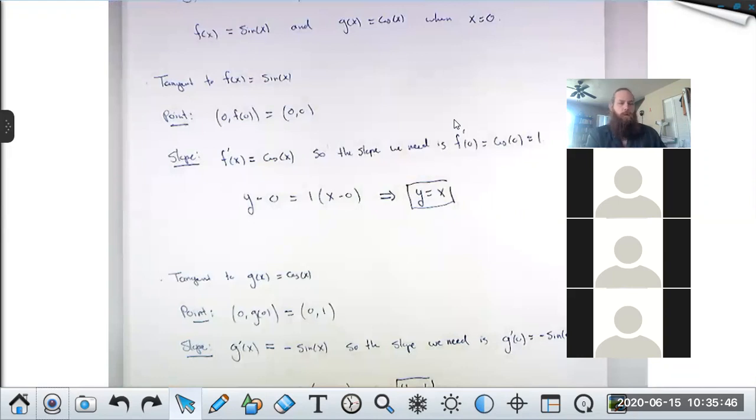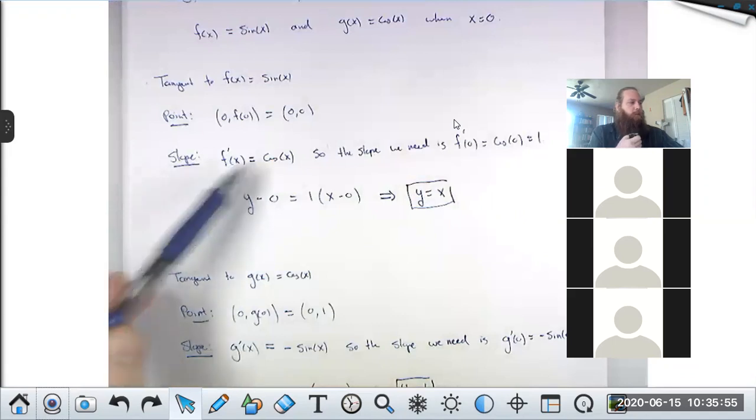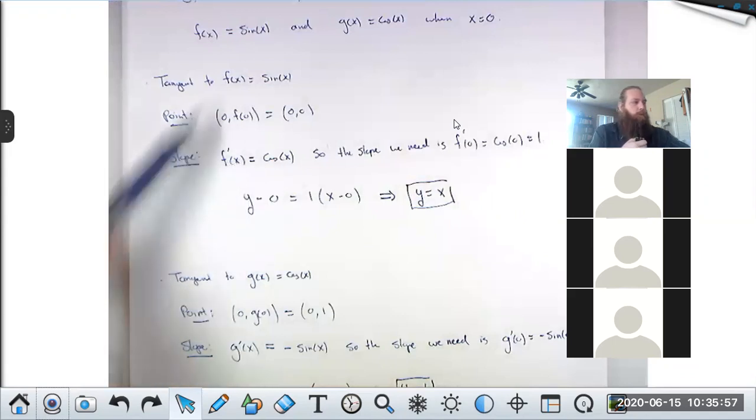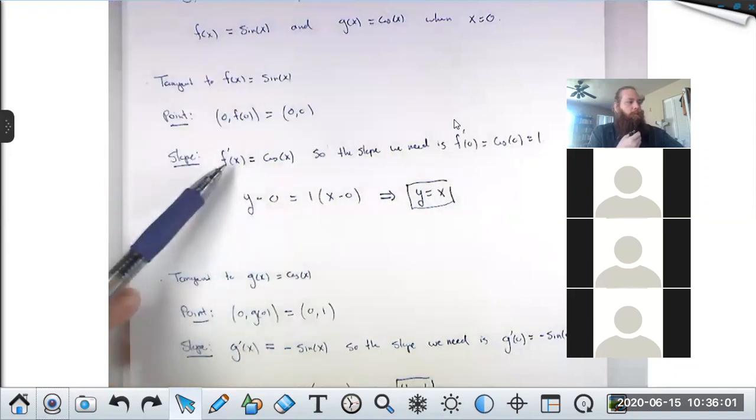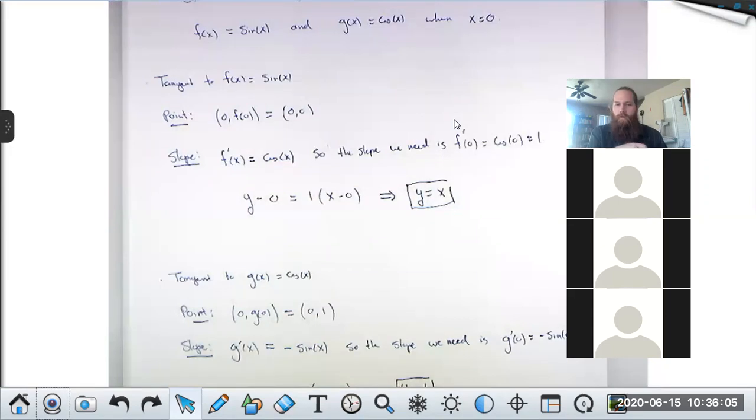Just make sure that the notation you're choosing corresponds nicely to the notation that the problem is given in. The niceness of the prime notation here is if you just write dy dx, I'm not going to know which function you're differentiating, because here we had two functions. But the f prime tells me the derivative of f. So I wouldn't use dy dx here, but you could, and I would probably be able to tell what you were talking about.